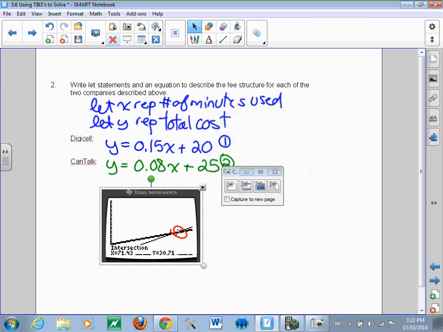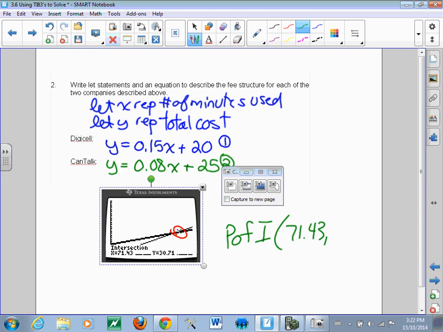And what do we know? P of I, point of intersection, is 71.43, 30.71. So my equation 1 is this equation here, and my equation 2 is right here, the thicker line.